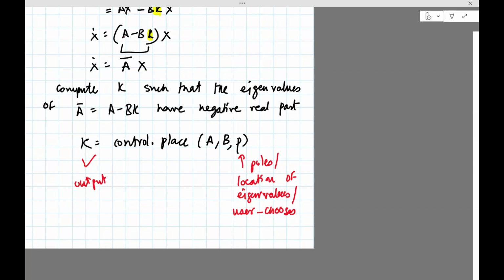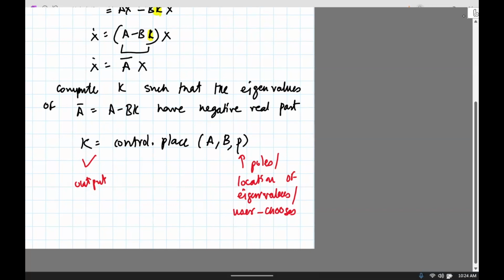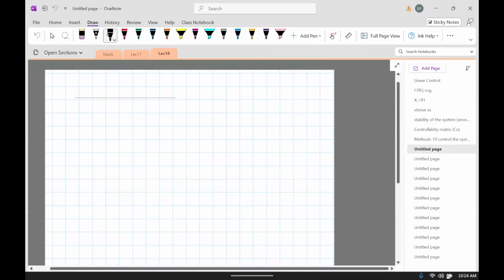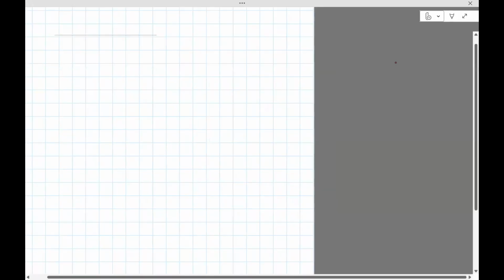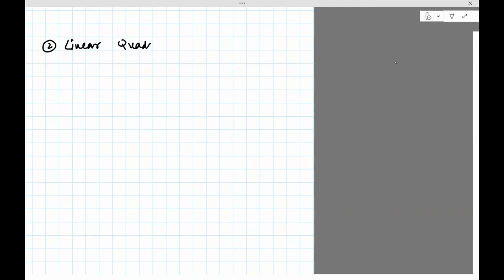Okay, the second thing I'm going to show you is actually more powerful than what you've ever run in 312. It's called a linear quadratic regulator, LQR.